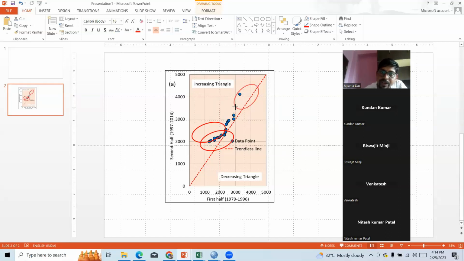We can change this orientation, or we can change this size also.